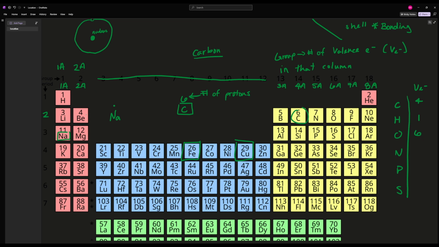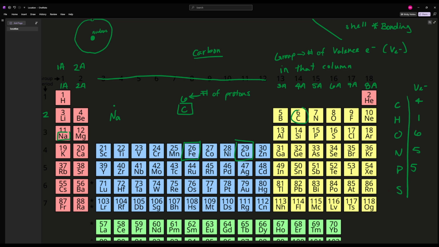Nitrogen is 1, 2, 3, 4, and 5. Phosphorus now is in the third period, so we start with sodium. We go 1, 2, 3, 4, and 5. Notice how both nitrogen and phosphorus have 5 because they are in the same column, or same group. Sorry, not same period, same group.